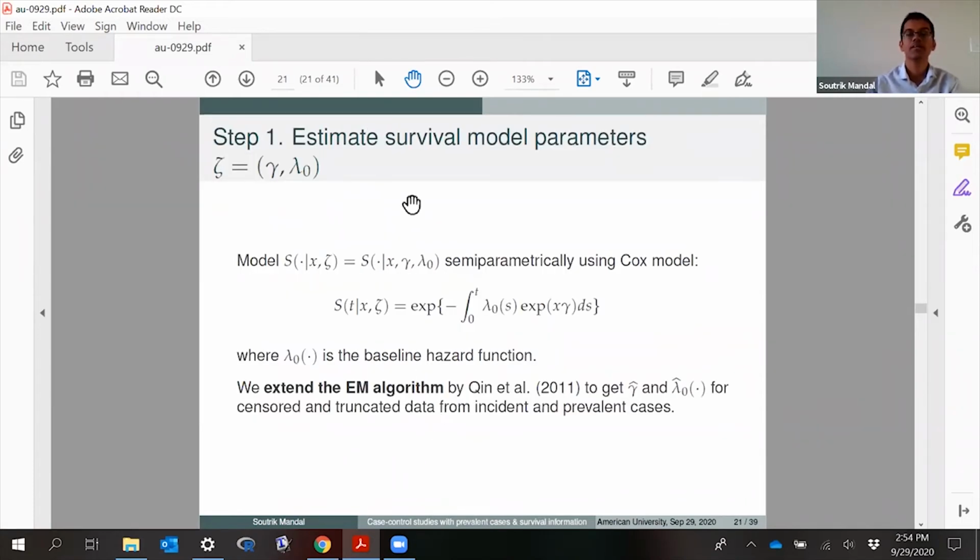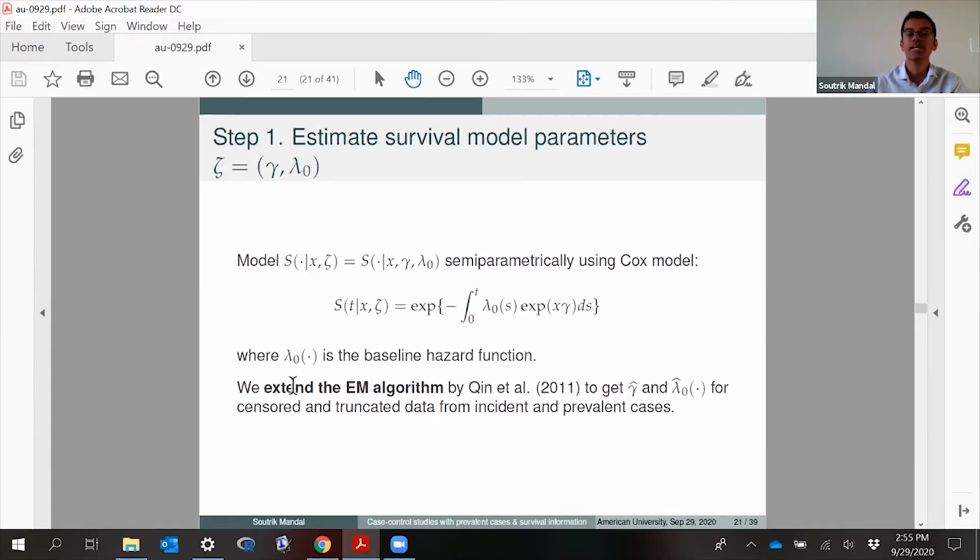So in step 1, we estimate the survival model parameters. Here is the semi-parametric Cox model with lambda 0 as the baseline hazard function. We want to estimate this lambda 0 and this gamma parameter.